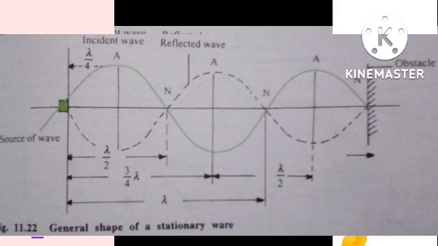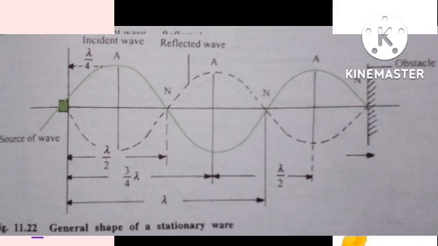The resultant effect of the superposition of two waves of the same frequency depends on whether the waves arrive at a point in phase or not. So if they arrive in phase, they will be superposed in such a way that they will constructively interfere. But if they do not arrive in phase, they will destructively interfere. Now this is the general shape of a standing wave.